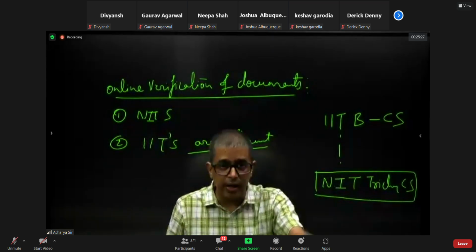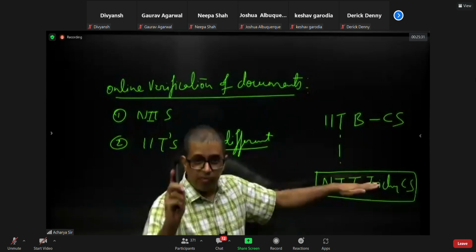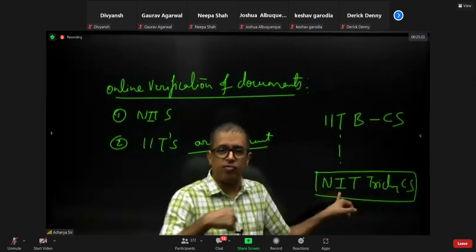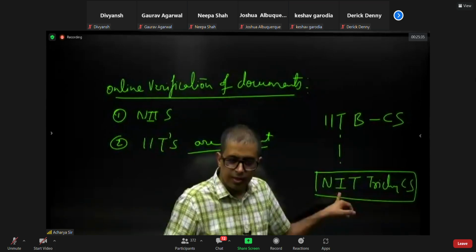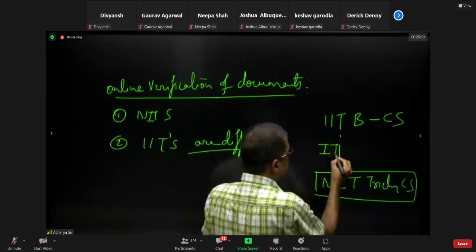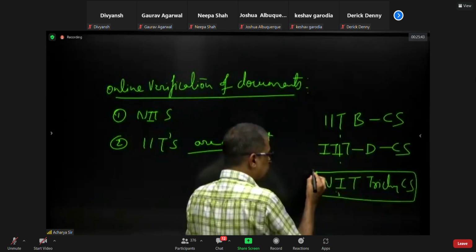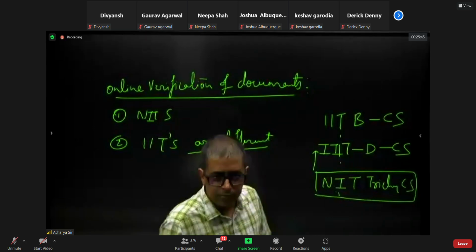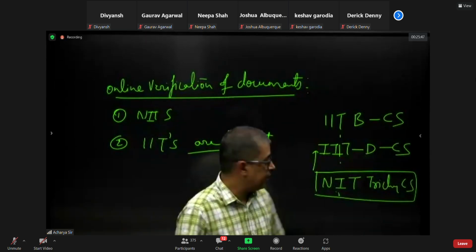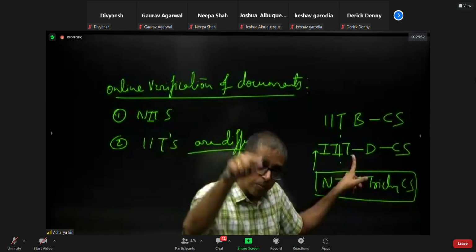They were happy. Keep in mind, in the first round I may have got NIT Trichy. Subsequent rounds may have got IIT Delhi. In the third round, I scaled up. Again, there will be online verification of documents by IIT Delhi.